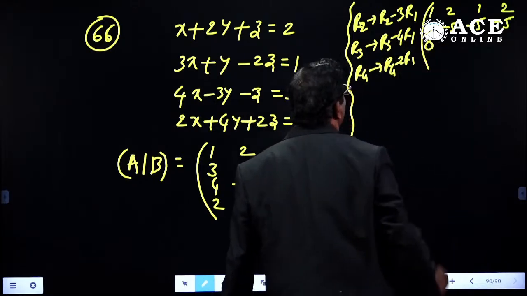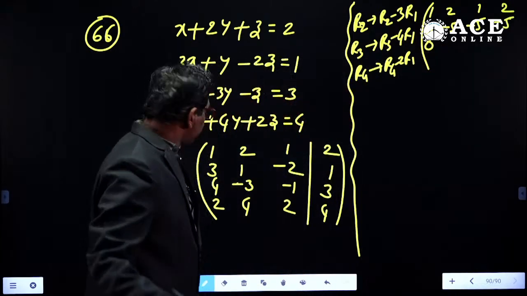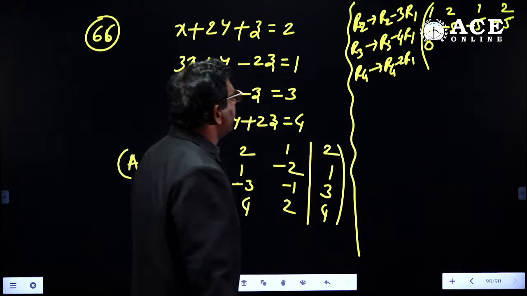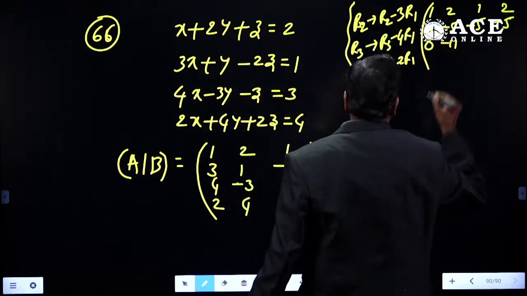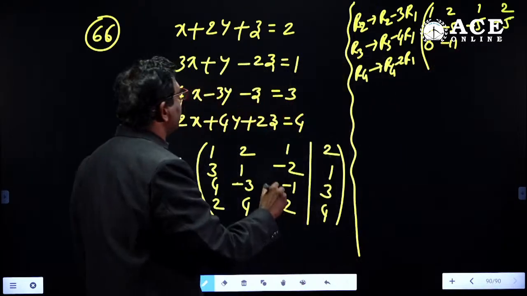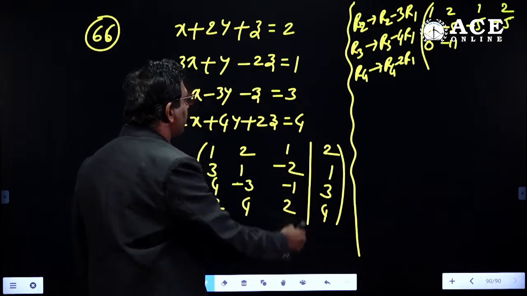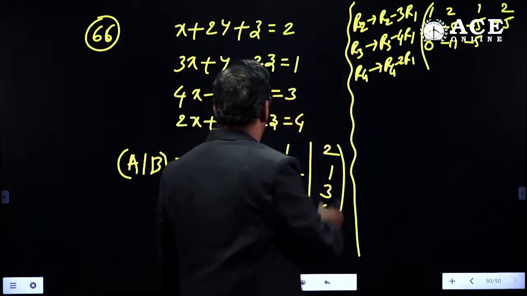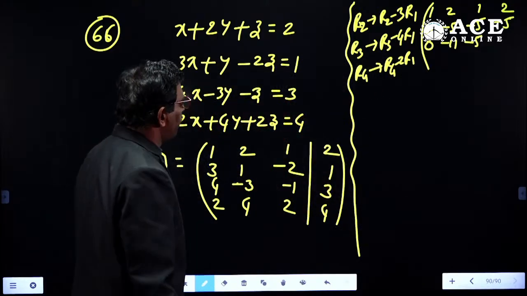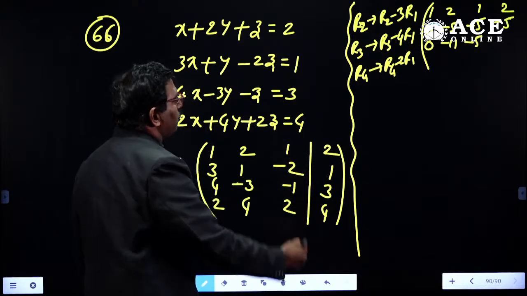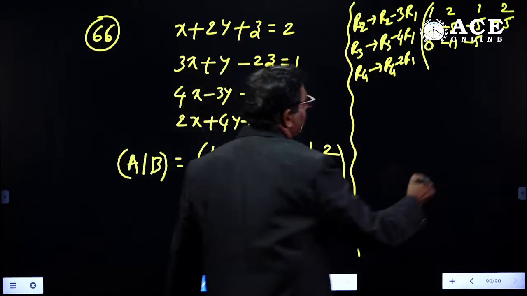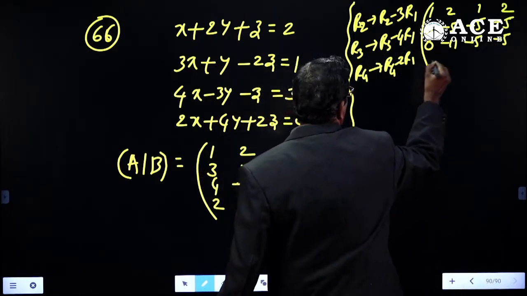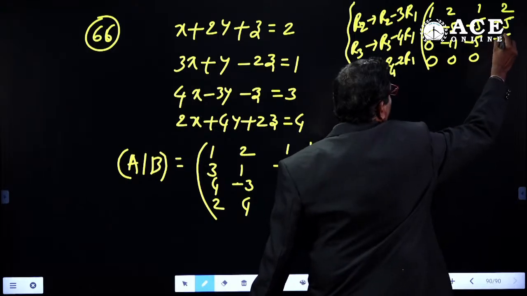Now coming to the third row, R3 minus 4R1, that is 0, minus 3, minus 1 minus 4 is minus 5, next 3 minus 8, that is also minus 5. Now R4 minus 2R1, completely this row will become a 0 row.